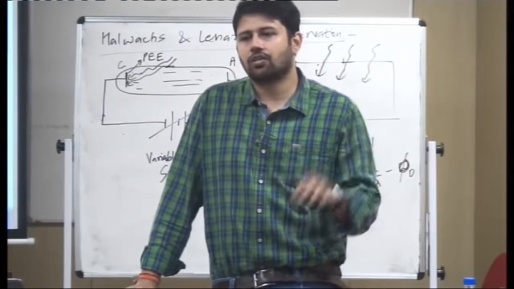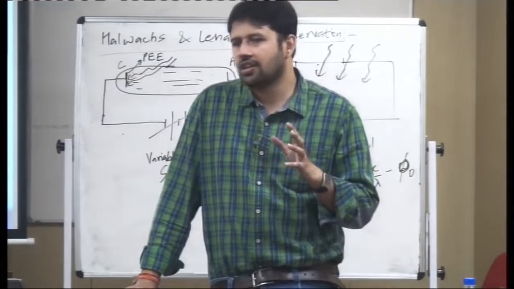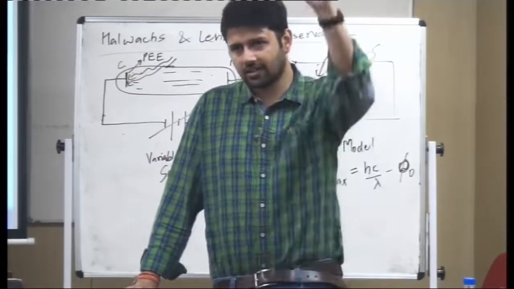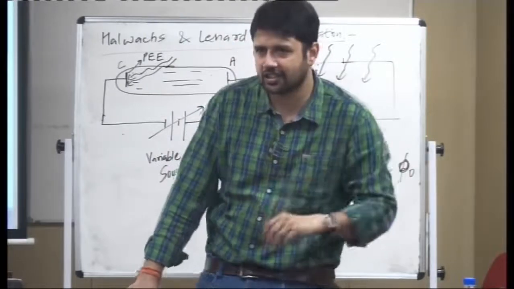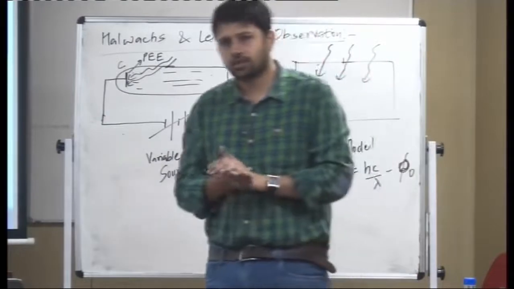Out of those few electrons which receive energy, very few are lucky enough to come out, who are headed in the upward direction statistically. Otherwise some would go in this direction or that direction, would collide, lose some energy.